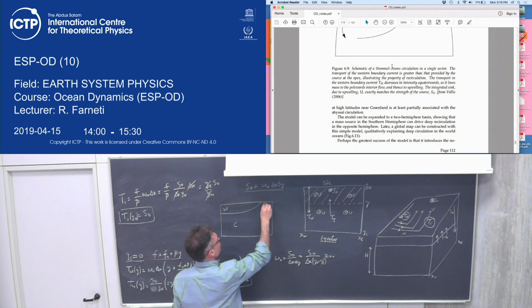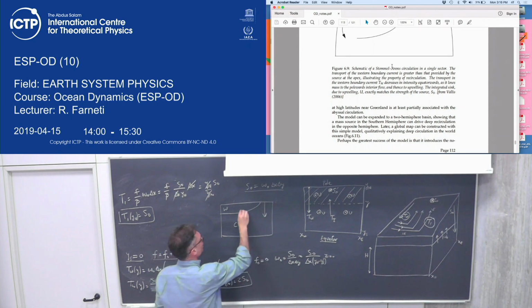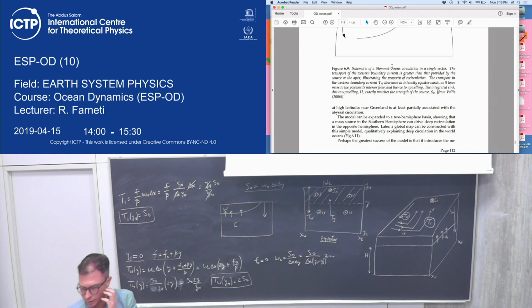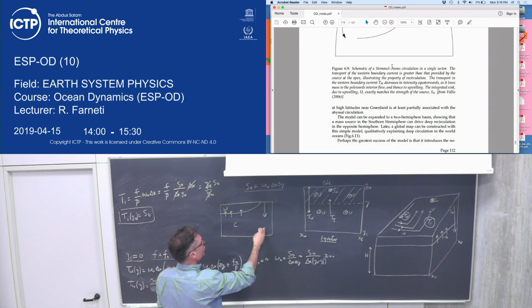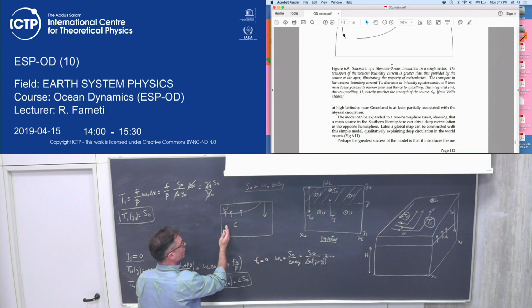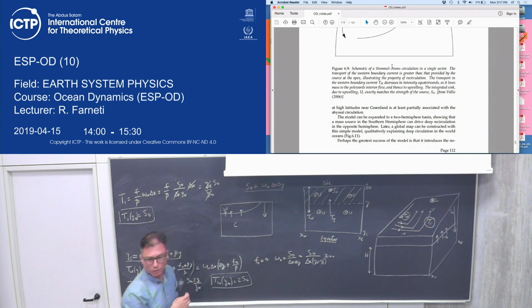And then we said there must be some convection here and some upwelling uniform throughout the thermocline to close the loop. And here you develop sinking motion, then through pressure gradients this is filling the whole basin, and then it is upwelled somehow through diffusion to the surface. Okay? This was a two-dimensional view of the system.